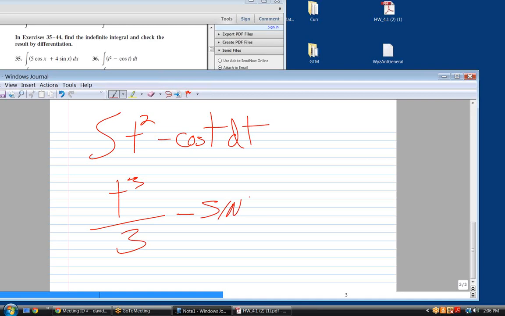Just sine t. In other words, first of all, let's go back a step. One thing that's very important to realize here is that whenever we have addition or subtraction, I can break it up into two integrals.